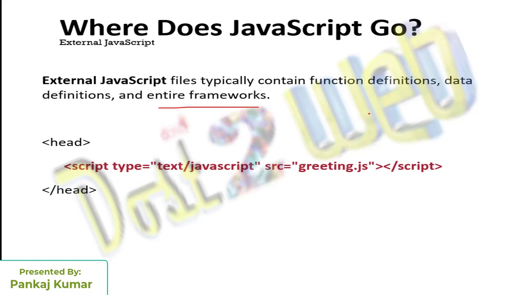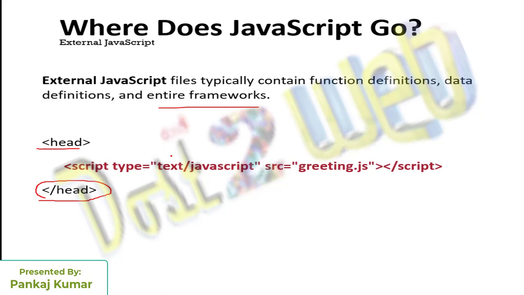And you have to embed this into your HTML inside the head tag. Remember always, whichever JavaScript you are going to embed, it should always be before closing the head tag. It should not be defined after the closing head tag.